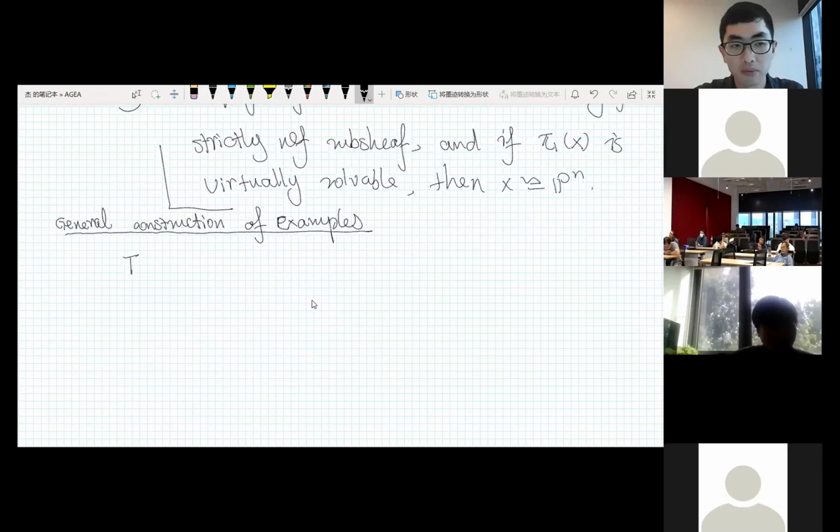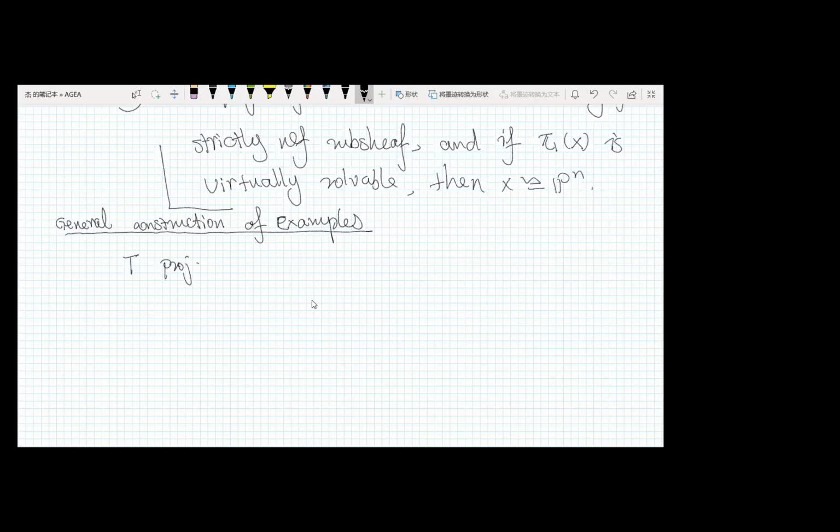We consider T a projective manifold, and we assume that you can construct a vector bundle E over T such that E is numerically flat, and also it's strictly nef.